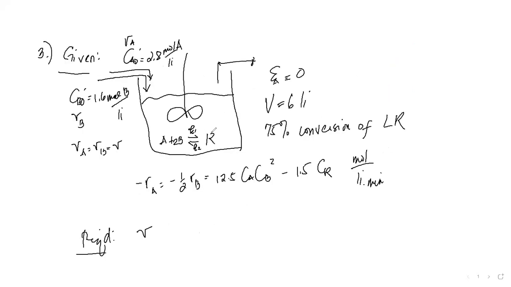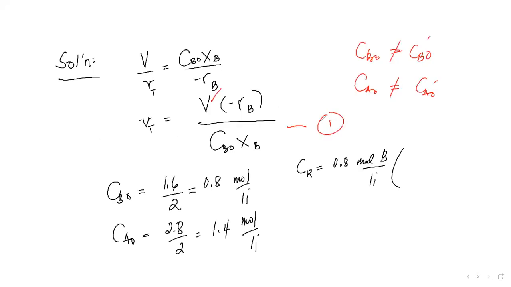So for B, 1 mole of R is formed for every 2 moles of B. So you have 1 mole R for every 2 moles of B. So we cancel this, giving you 0.4 moles of R per liter, formed if you have to use all of the B that is available.